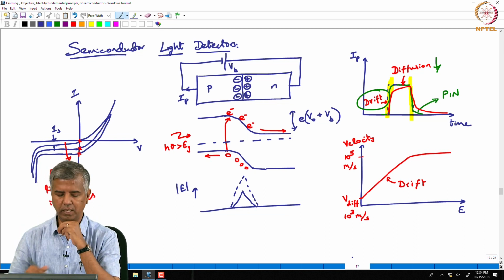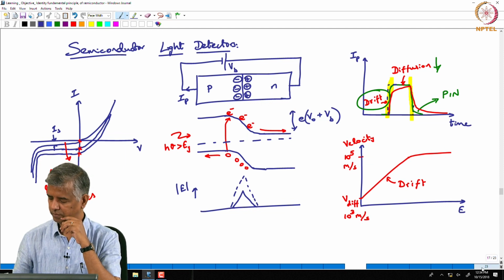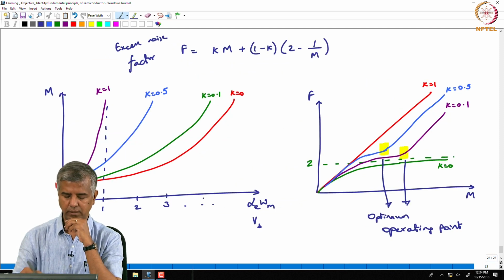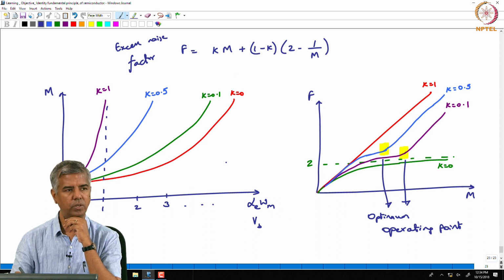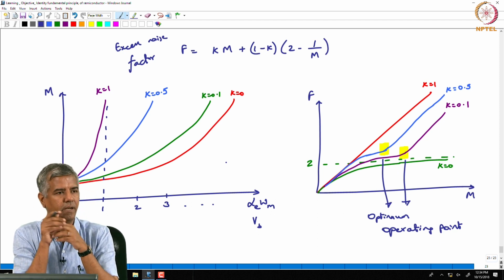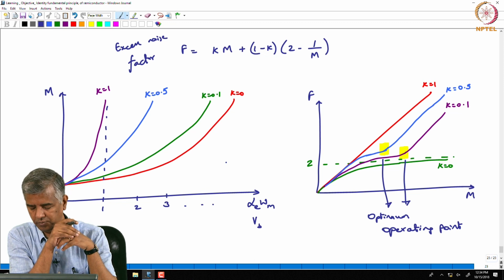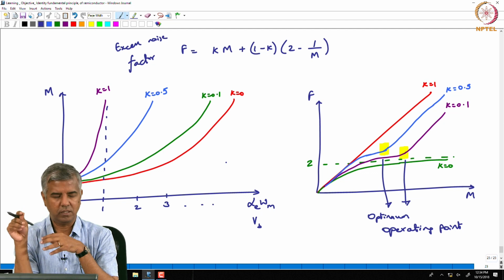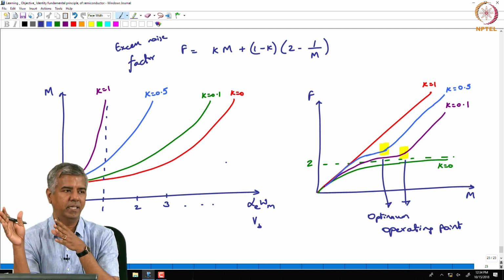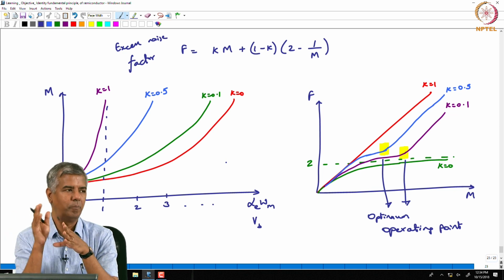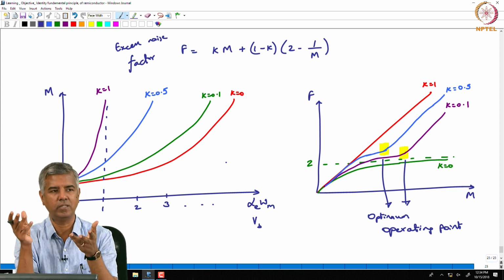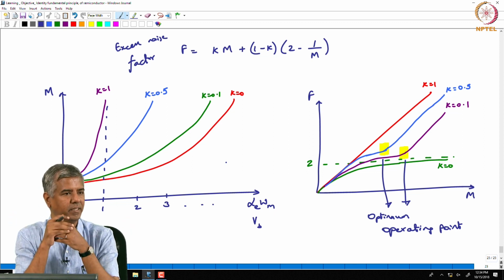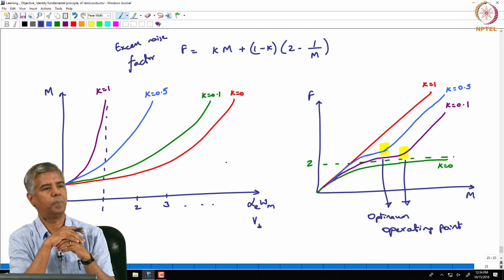So, you will have a similar breakdown voltage limiting this. Beyond a certain voltage you are not going to be able to get any more gain because the device has punched through. But what this picture is showing is you should not even wait until that breakdown voltage. There is an optimum point before that, beyond which you are not getting any improvement in signal to noise ratio. Okay. So, you need to stop at that point.